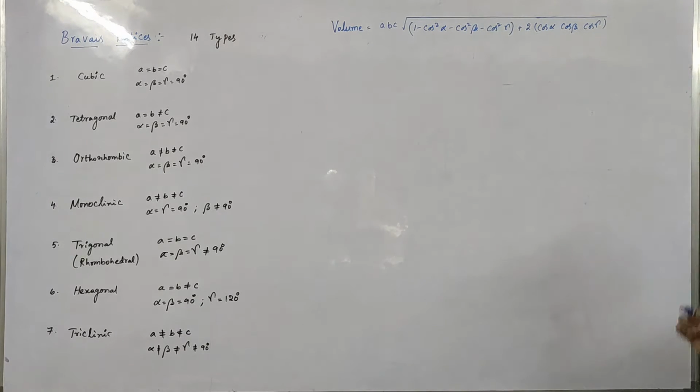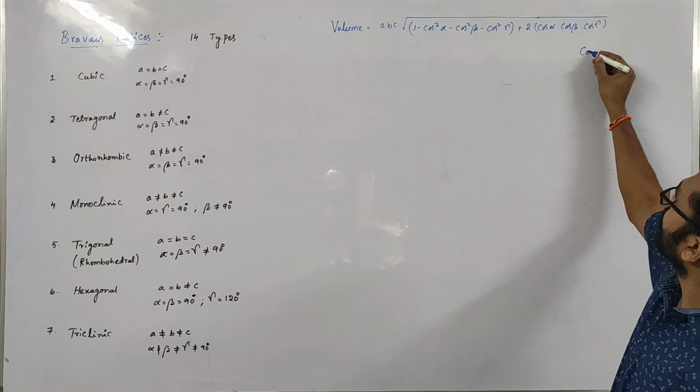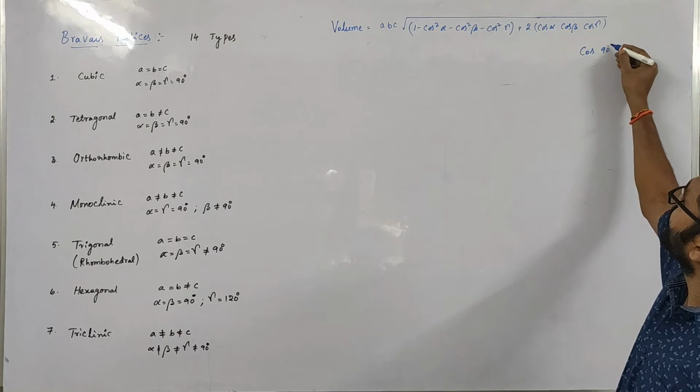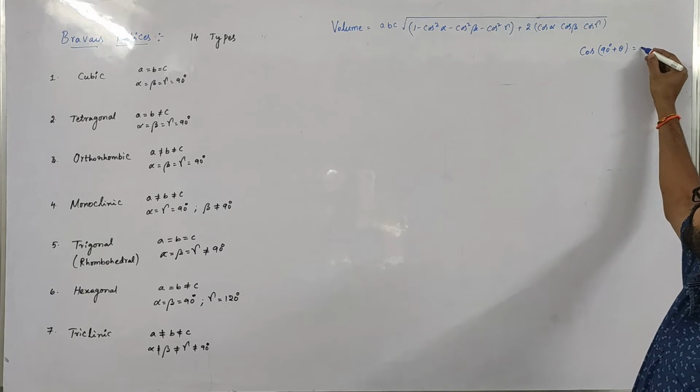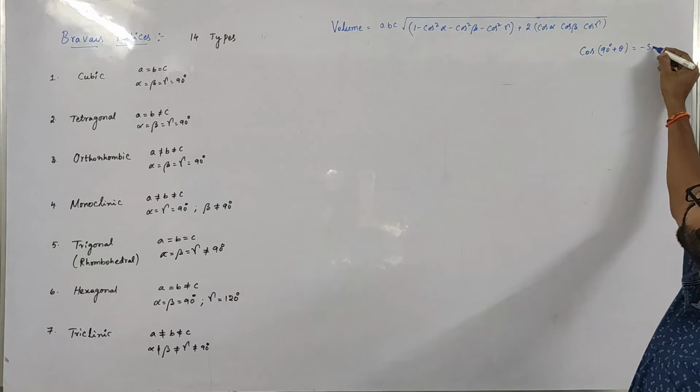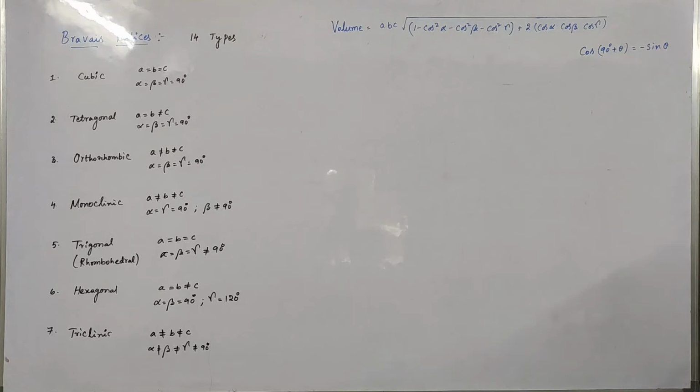Here we need to understand that cos of 90 plus theta is minus sin theta.